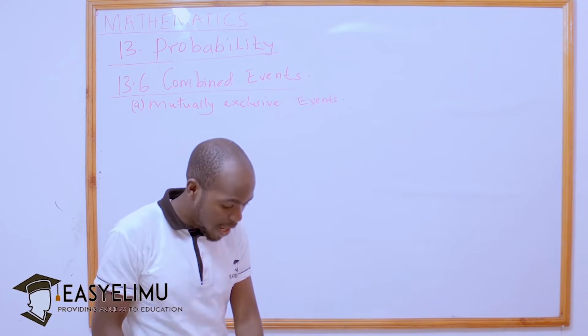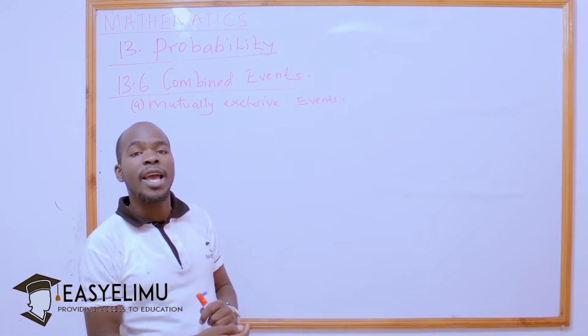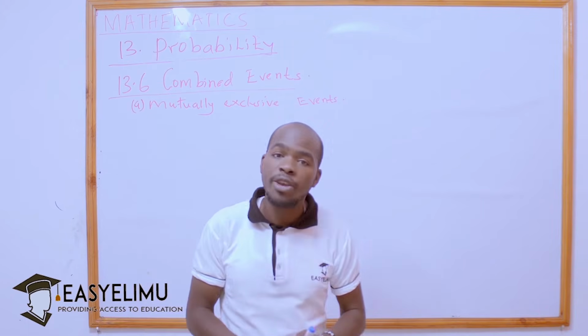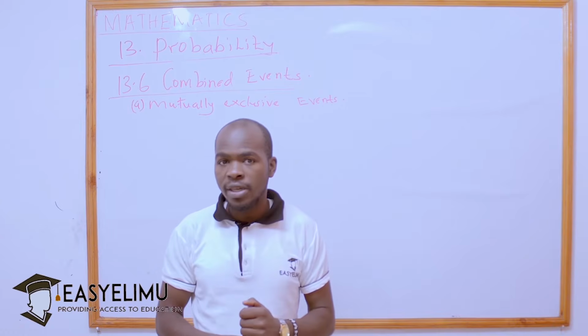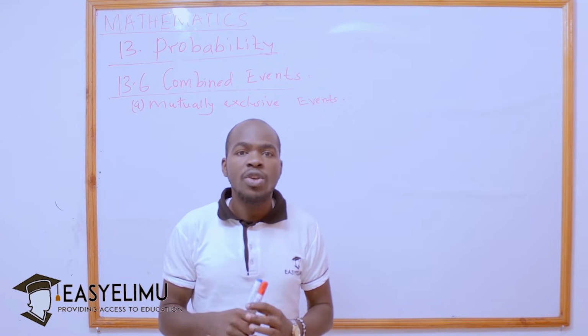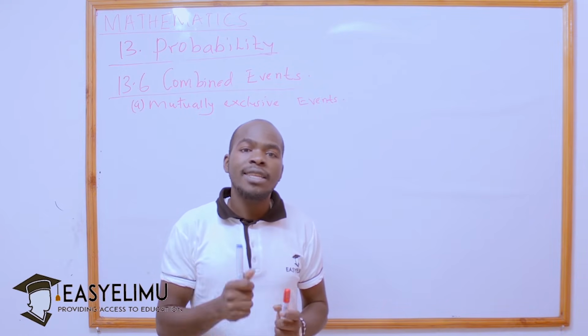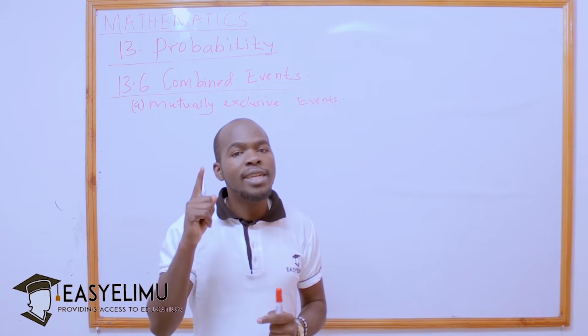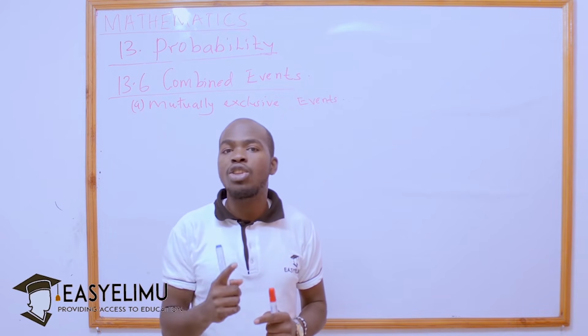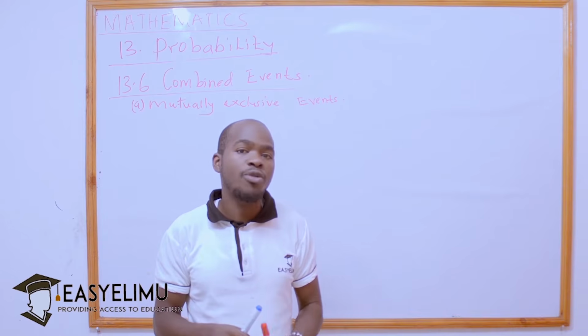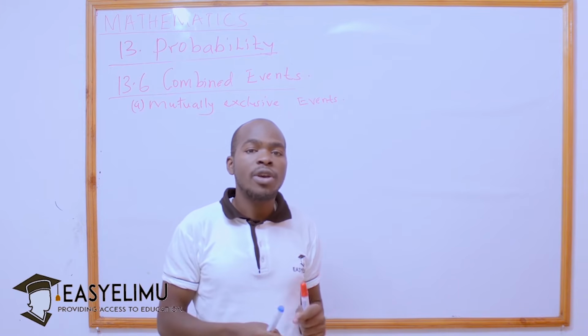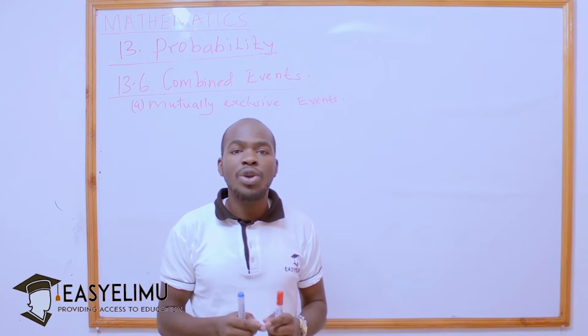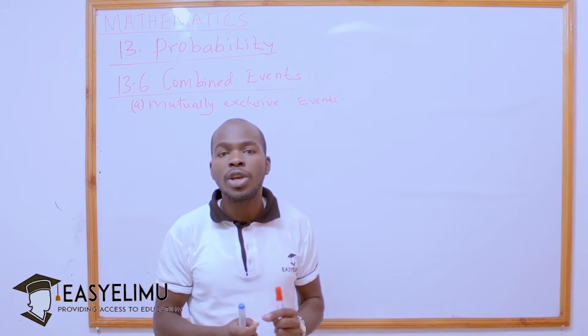And this may apply where you have a coin being tossed. If you toss one coin once, you will find out that the chances are that you will either get a head or a tail. You can't get both of them at once if you have one coin. So that event we also refer to as mutually exclusive.